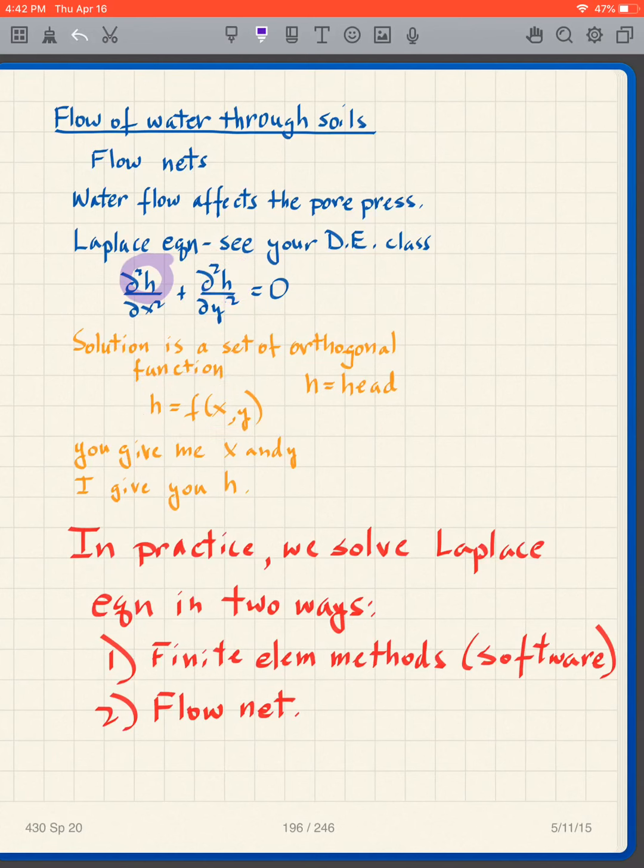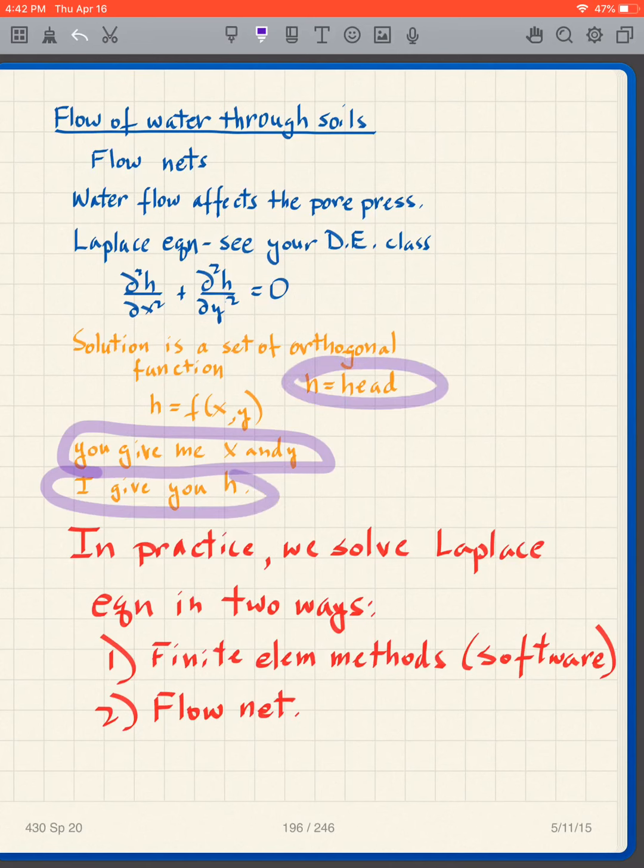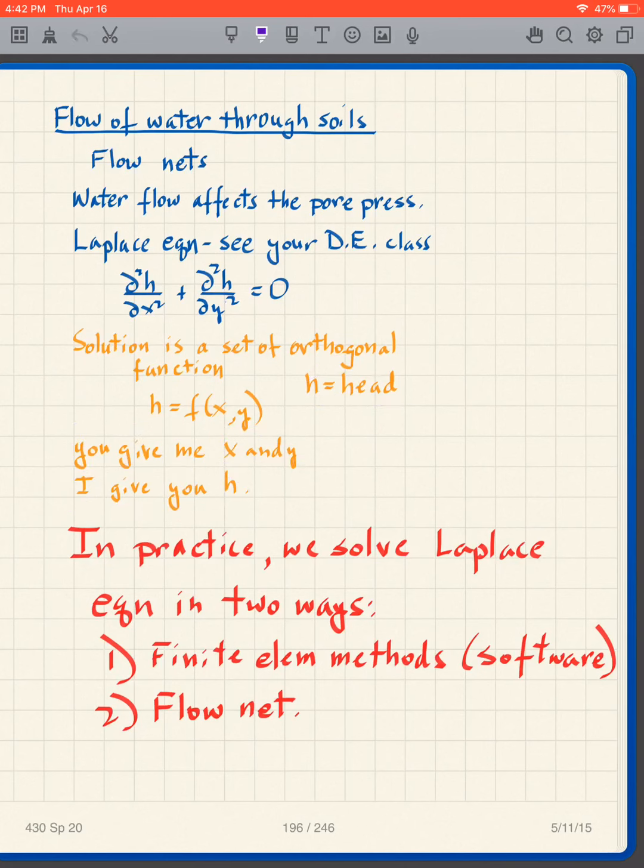In other words, we're going to look at our system, our geometry of it, and the goal will be that, for instance, you give me an x and a y, and I can give you an h, a head. H is head. Okay, you all know what head is. We're very interested in getting the head at various points.